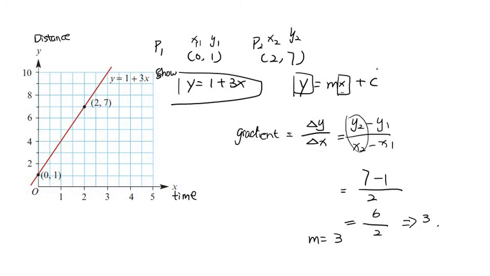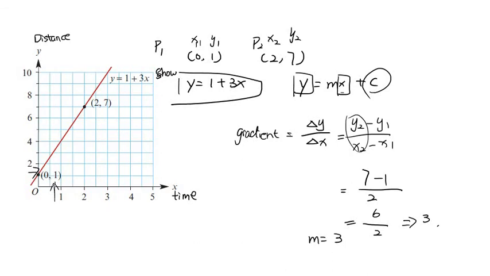Now we need to find what c equals. If you look at the graph being drawn, our y-interception point is at (0, 1), so when x equals 0, y equals 1. The y-interception point is the y-coordinate reading on the line. If the point is on the y-axis, the x-coordinate is always 0.